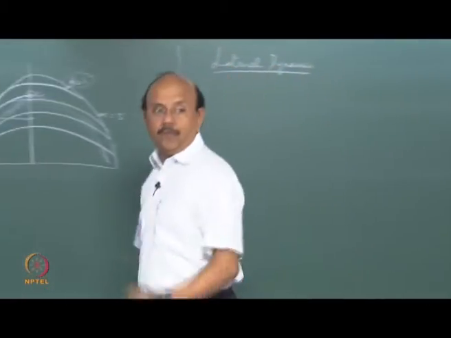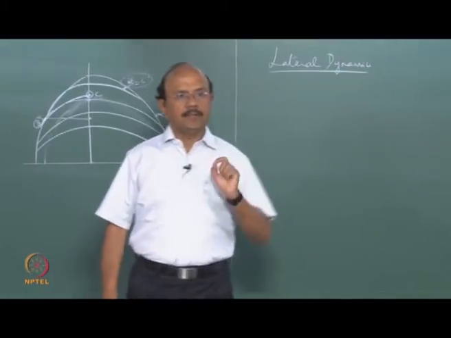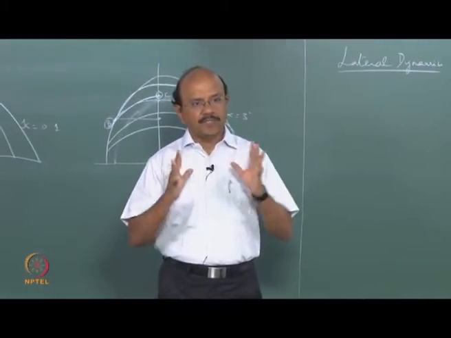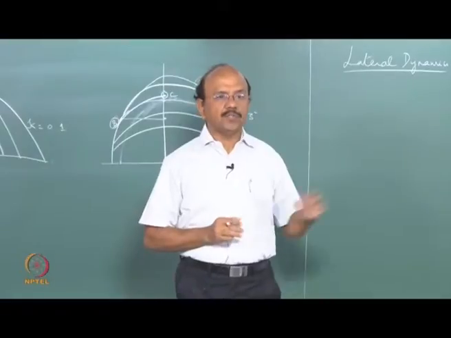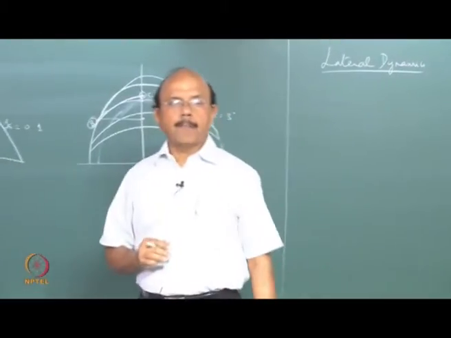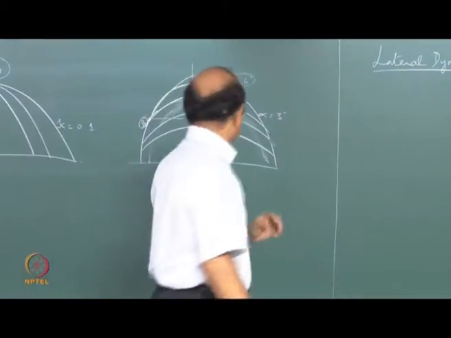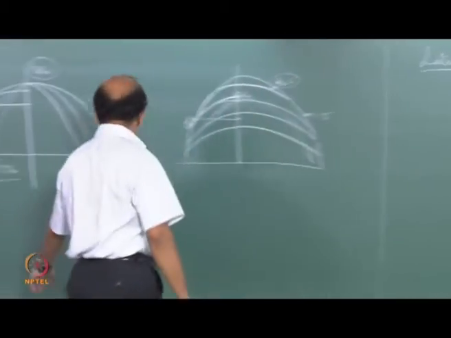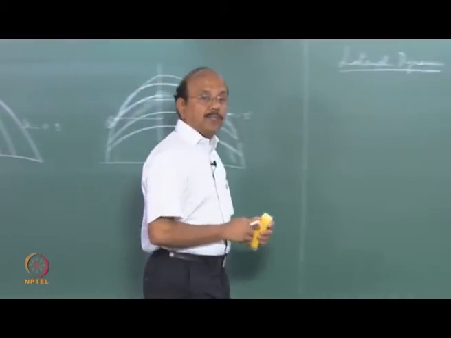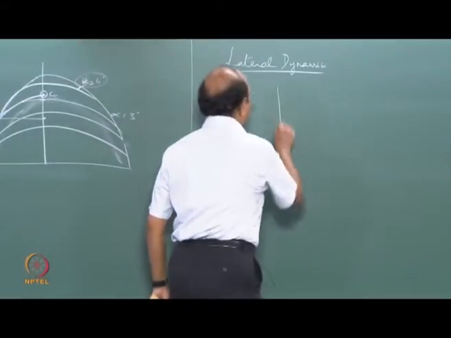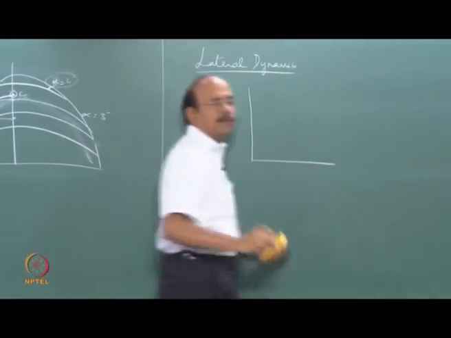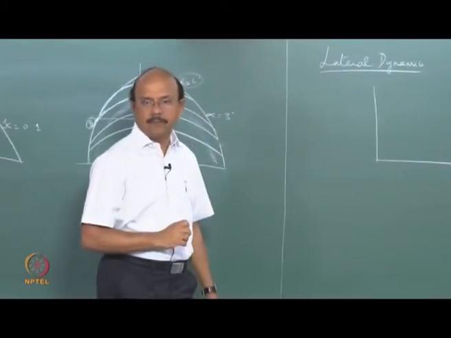Okay, now we will get into the complete lateral dynamics derivations, so that when I come back, you would understand this better, right? Let's look at how we are going to deal with lateral dynamics. Let's go into some fundamentals of dynamics, right?